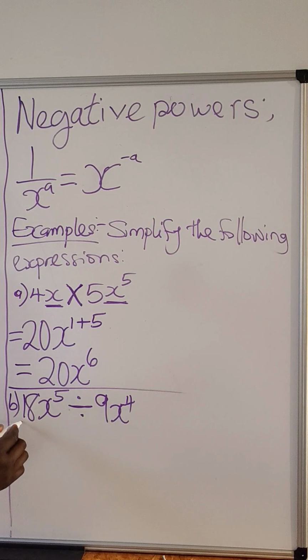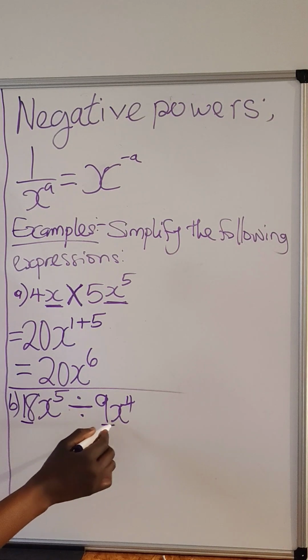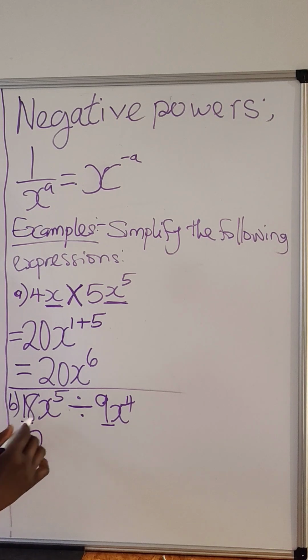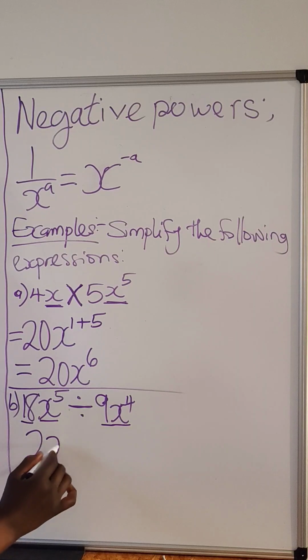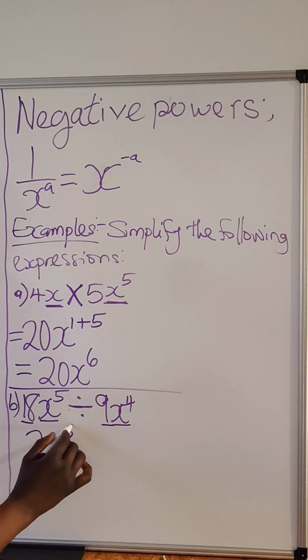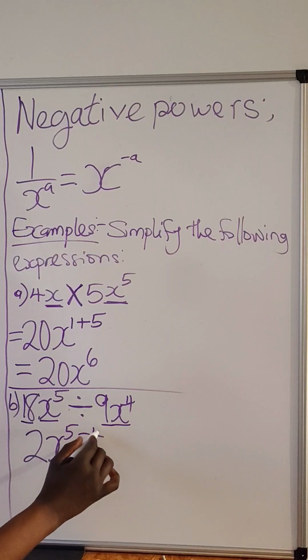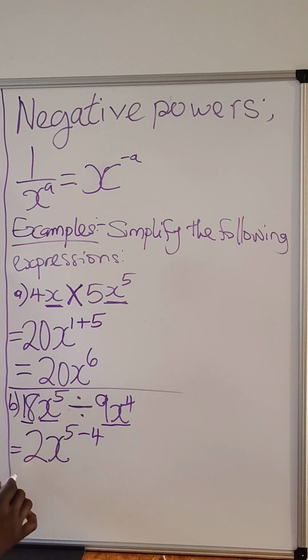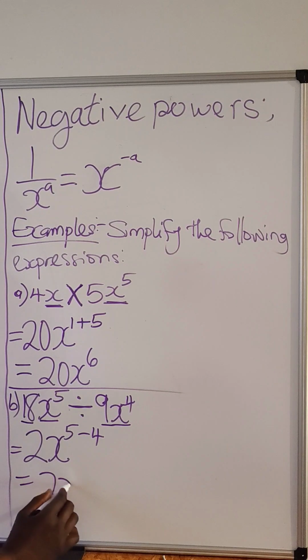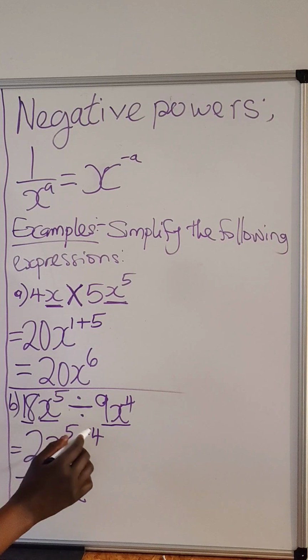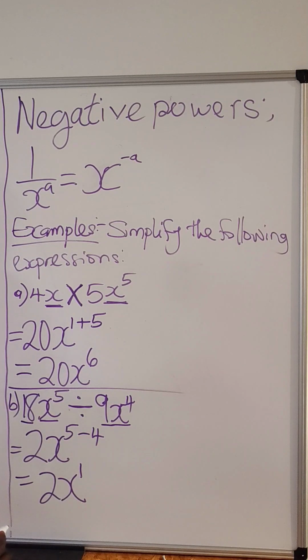So 18 divided by 9 gives 2, and this is a common base, x. So we have x raised to power 5 minus 4, which gives 2x. 5 minus 4 gives 1. 2x raised to power 1 is the same thing as 2x.